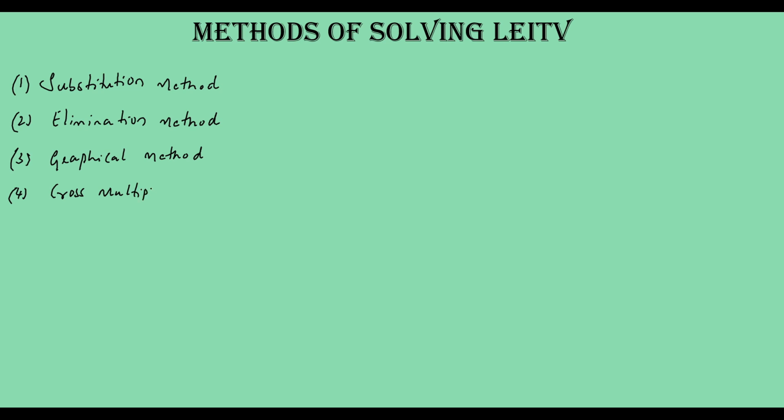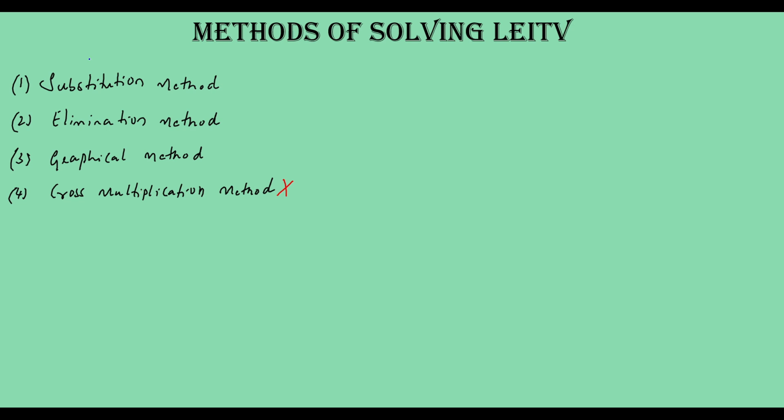Those who are using the old version of the NCERT book, this method is mentioned in that, but the cross multiplication method has been removed by the CBSE board from your portions.